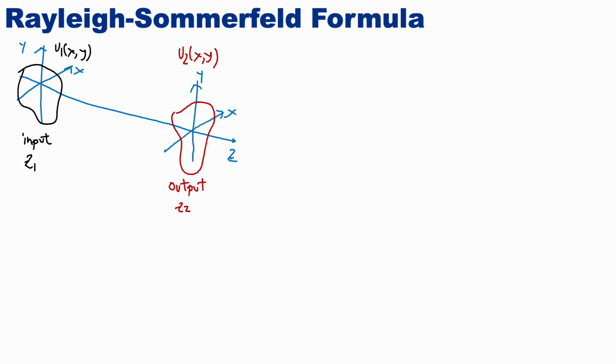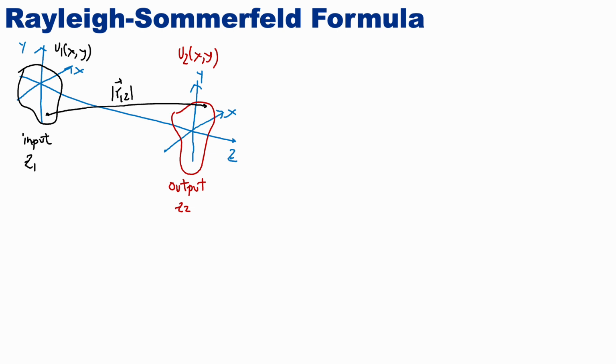So let's derive the Rayleigh-Sommerfeld formula. Let's consider that we have two planes, our input placed at a distance c1 and our output plane placed at a distance c2, that they are far away, and we're gonna have two conditions. Let's first just pick a point here from our input, and it goes to our output, and then we're gonna define the distance between both planes.